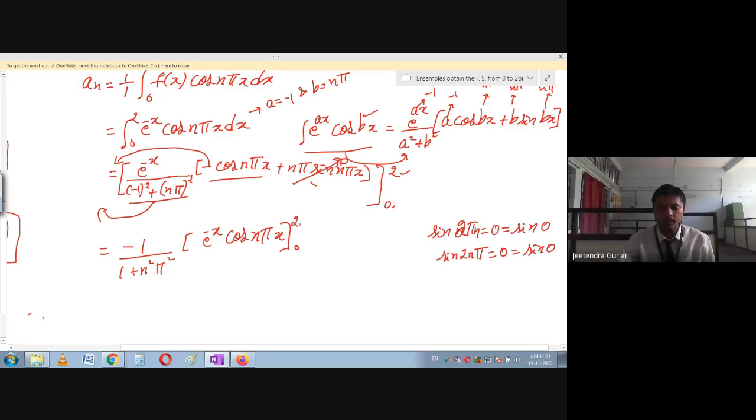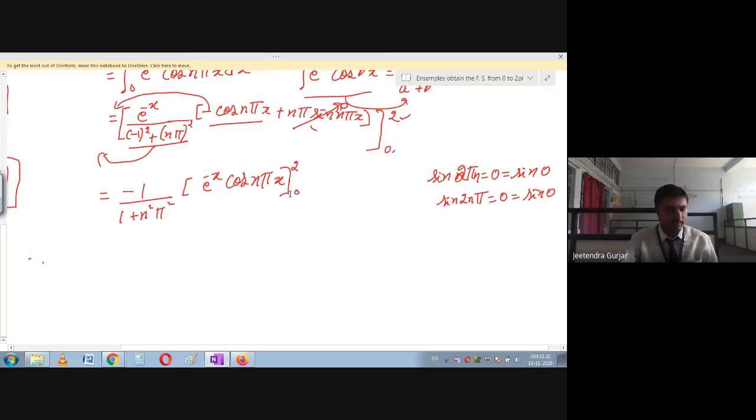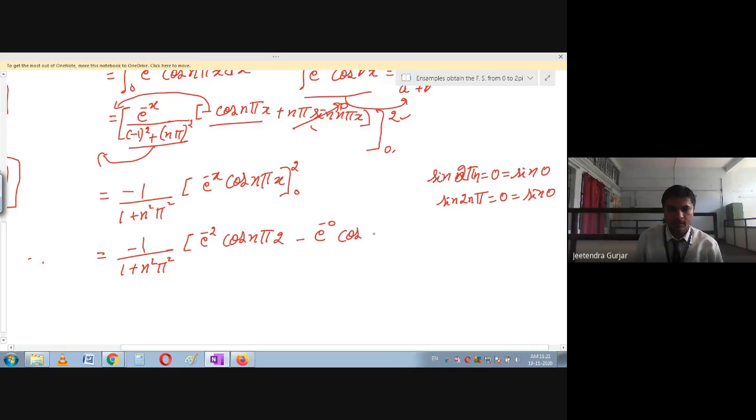So this is how you have to identify the terms and simplify very easily. Now substitute the value of 2 and then 0. So this is equal to minus 1 upon 1 plus n square pi square. First I will substitute 2: this is e raised to minus 2 cos n pi 2, minus e raised to minus 0 cos n pi 0.